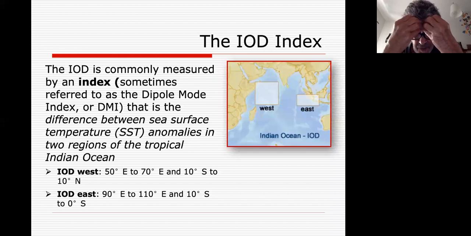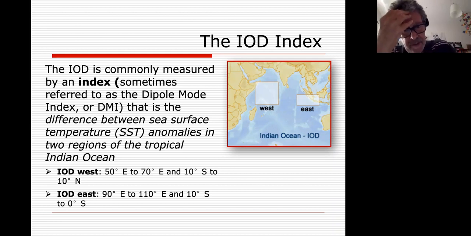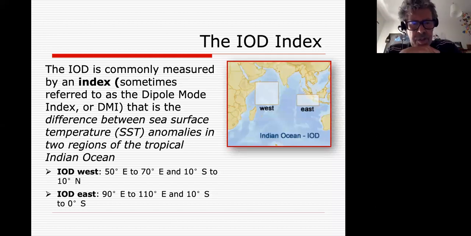But there is a need to keep track of the evolution of the IOD by using some indexes. The index used for the IOD is called the dipole mode index, or DMI, which is a time series calculated from the difference of the surface temperature anomaly in two regions of the tropical Indian Ocean.